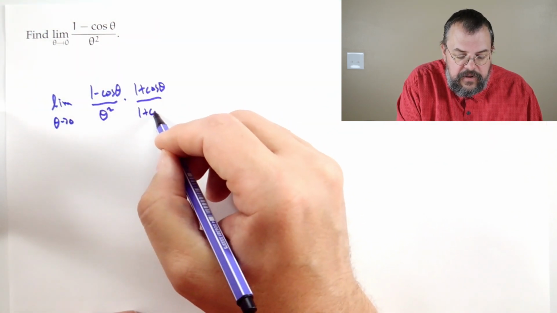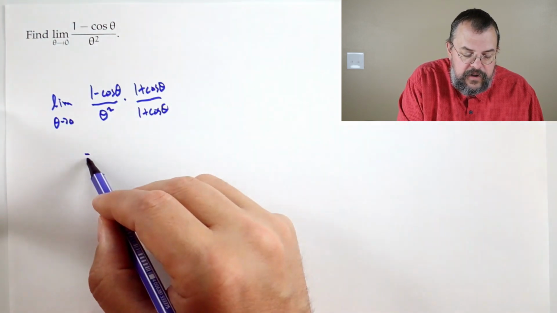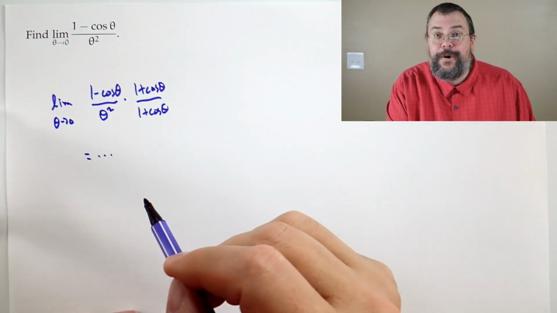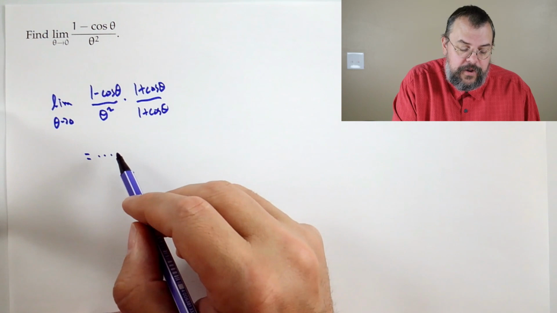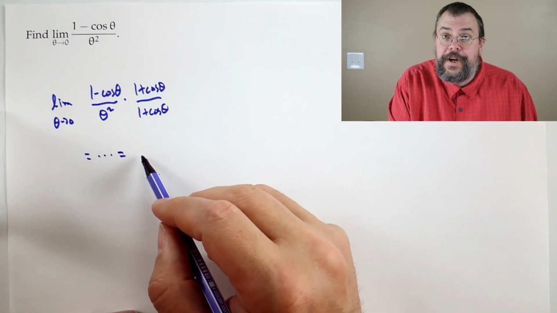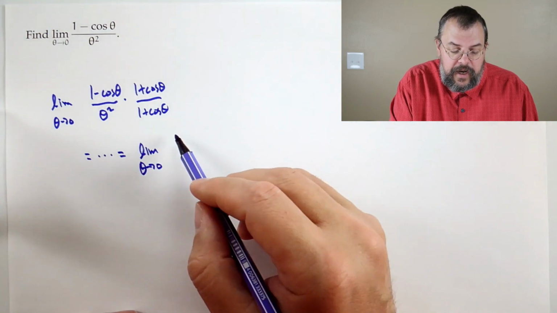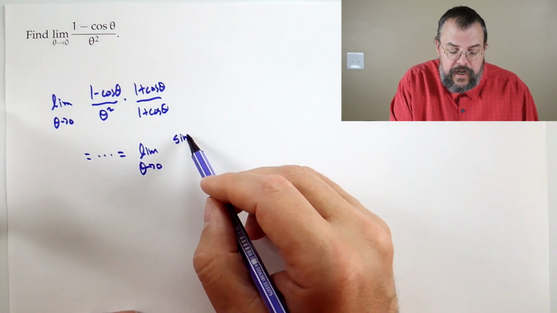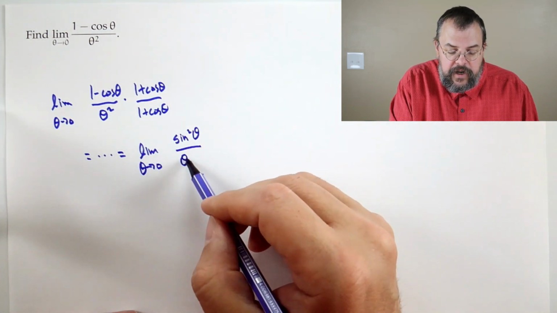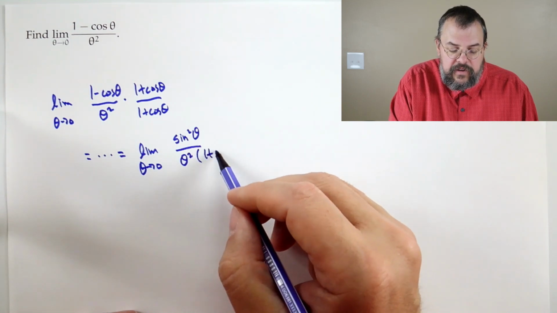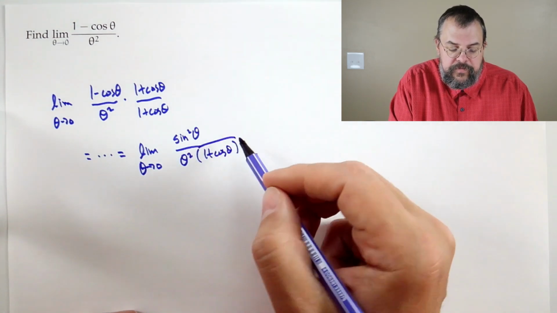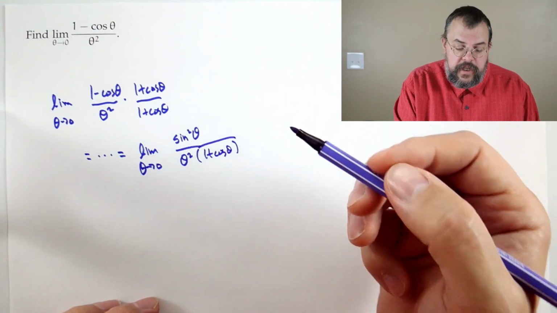And so I'm going to skip a step or two here. I'm going to use the infamous ellipsis. Always a little bit dangerous. It means there's some intermediate work, but you know what it is. Okay, limit as theta goes to 0, and we got down to sine squared upstairs, theta squared downstairs, and a 1 plus cosine theta downstairs. Well, let's do a similar thing.